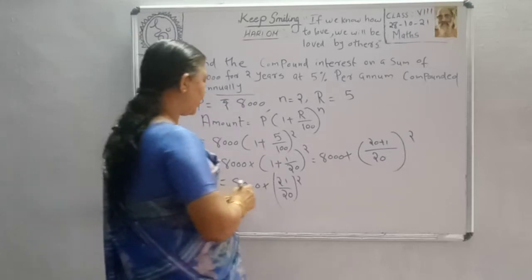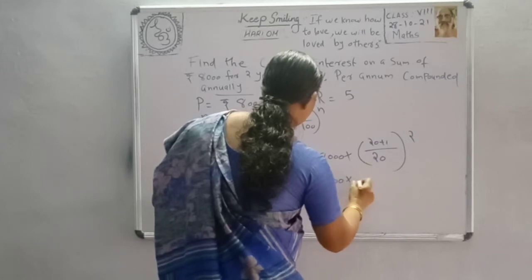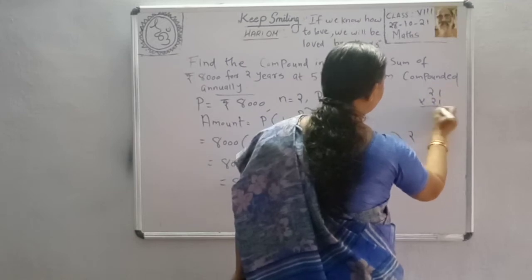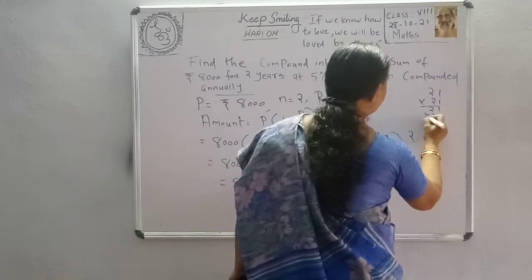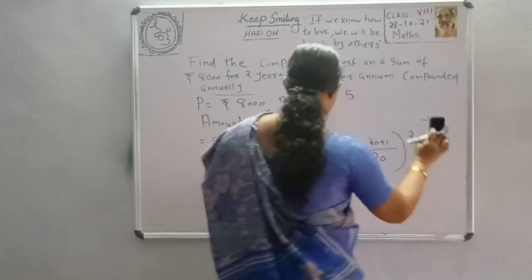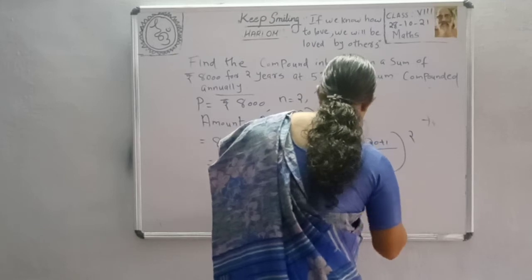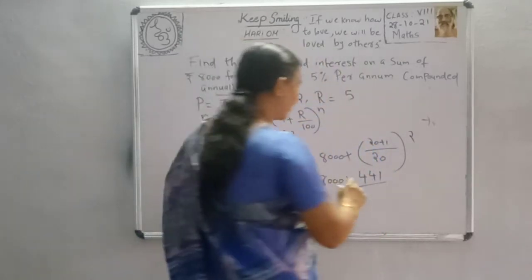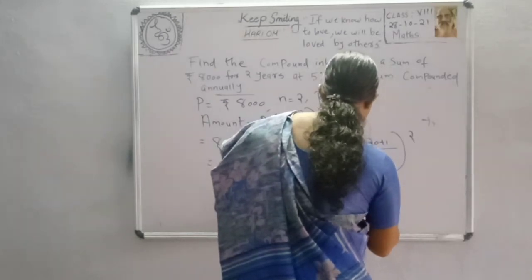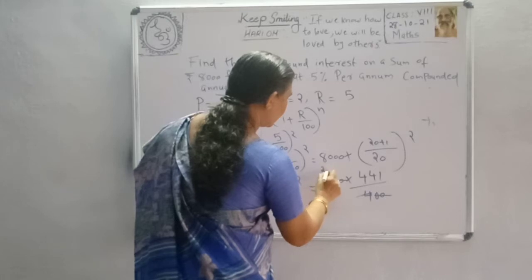What is 21 square? That is equal to 8,000 into 21 into 21. What is 21 into 21? 441. So it is equal to 8,000 into 441 by 20 square, which is 400. We can cancel this, then here it is 20.